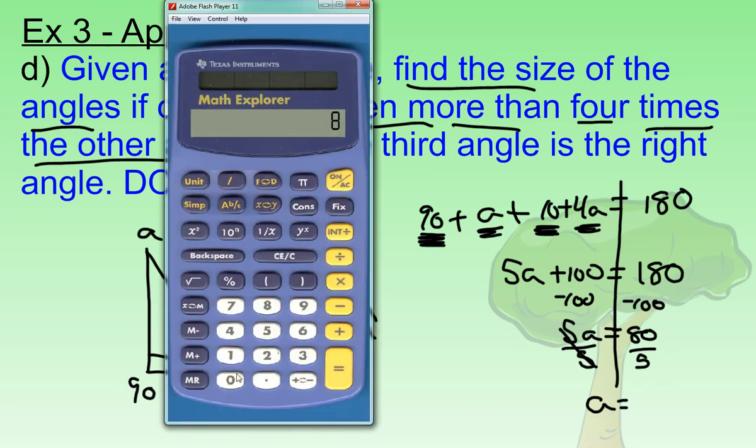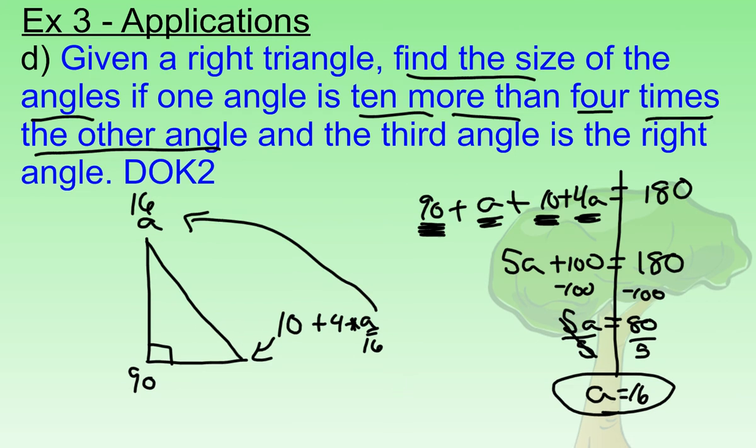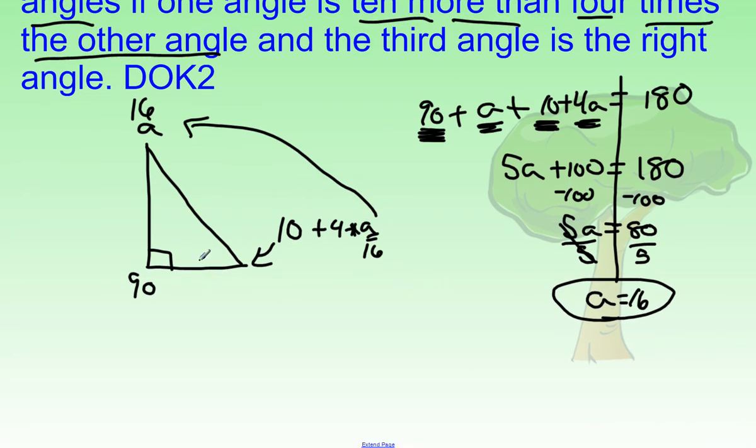Let's check it. There we go. So this math is showing us that the A is 16. So this A would be 16 and that A would be 16. So now I know 2 of my 3 angle measures.